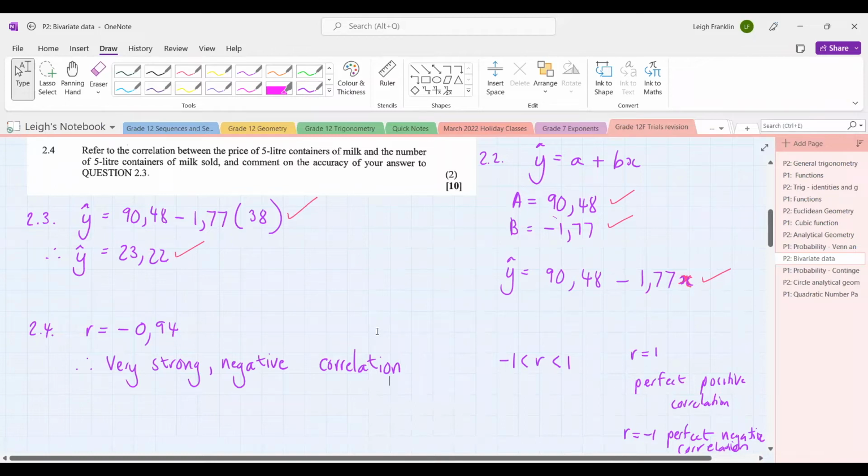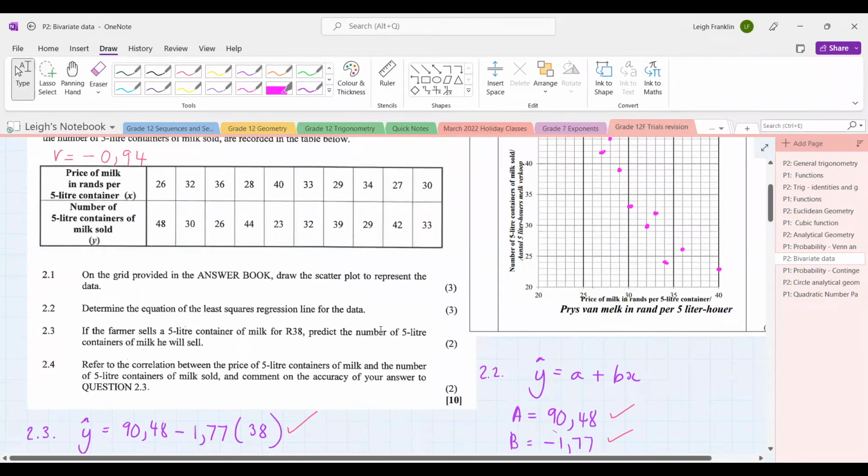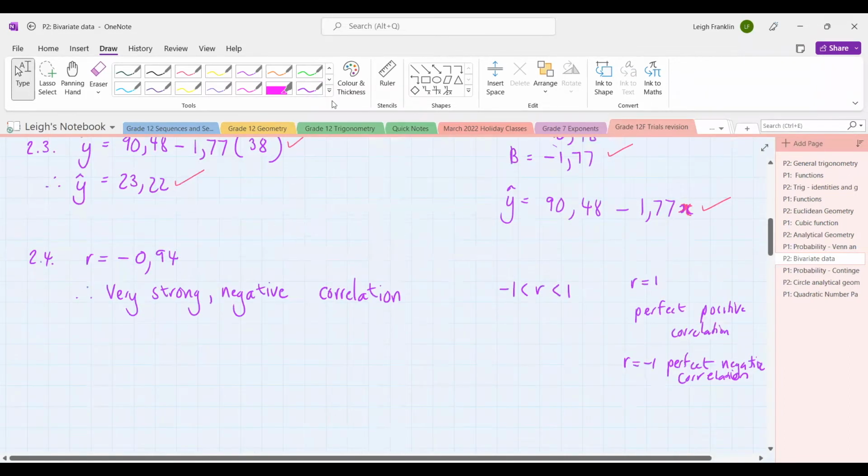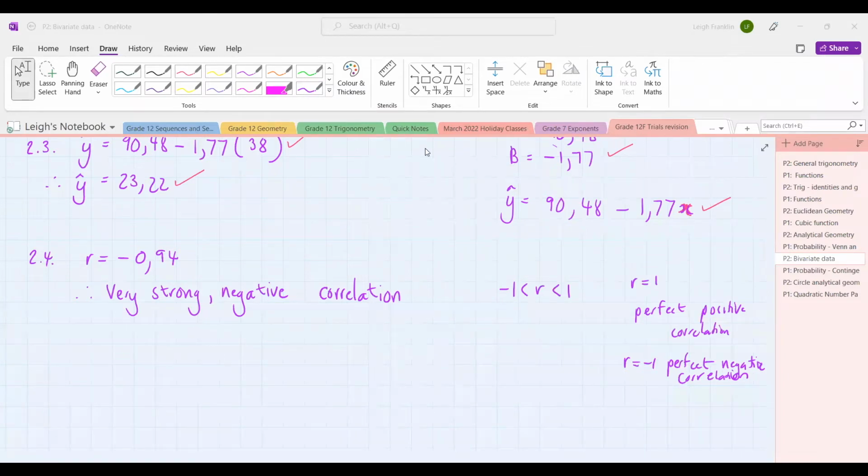To get the other mark, we now have to comment on the accuracy of our answer in 2.3. So do we think that we are going to get an accurate answer based on our correlation coefficient? Yes, 0 means no correlation, quite right. 0 is exactly in the middle between -1 and 1.